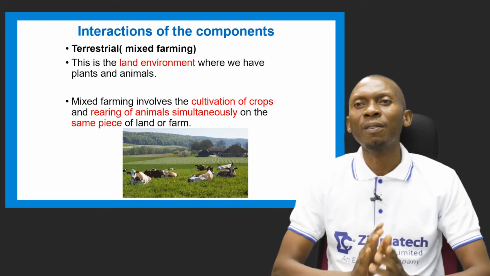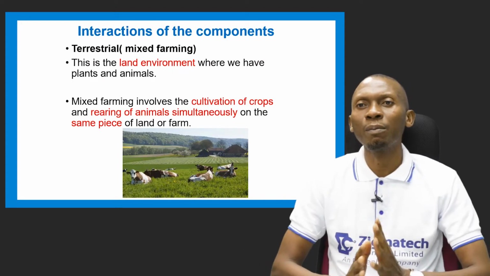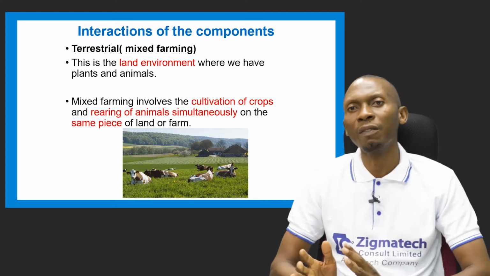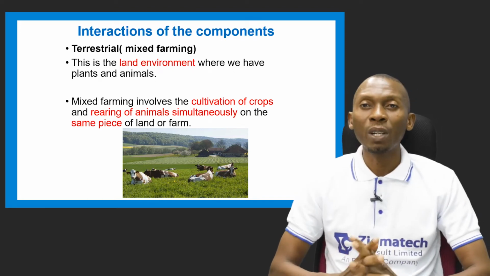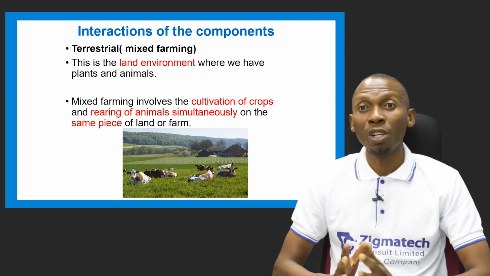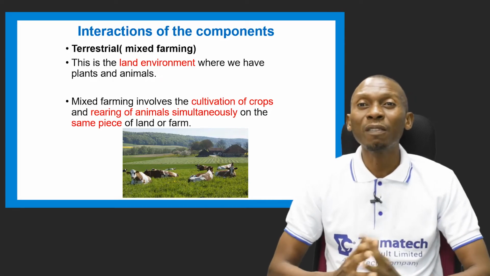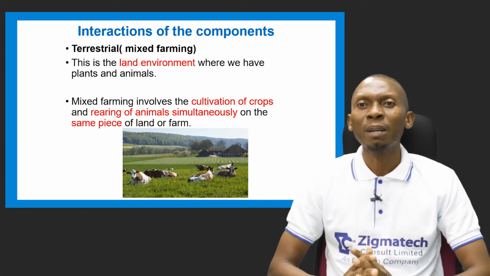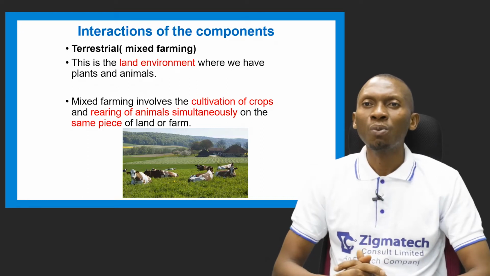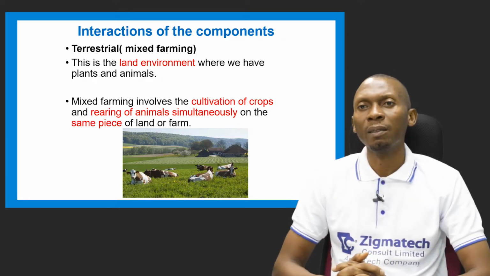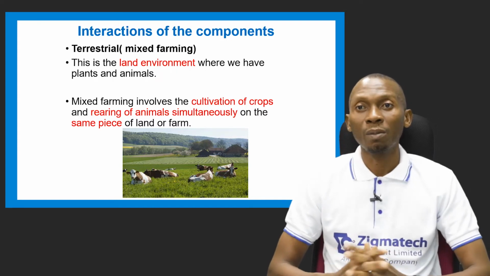So let's look at the interaction of these components, that's between the living components and non-living components. Looking at this, we're going to take a look at the terrestrial habitat. Here we're looking at mixed farming, and in mixed farming, there's an interaction between the living and the non-living components there. That's the biotic and the abiotic. Here, what is mixed farming now?